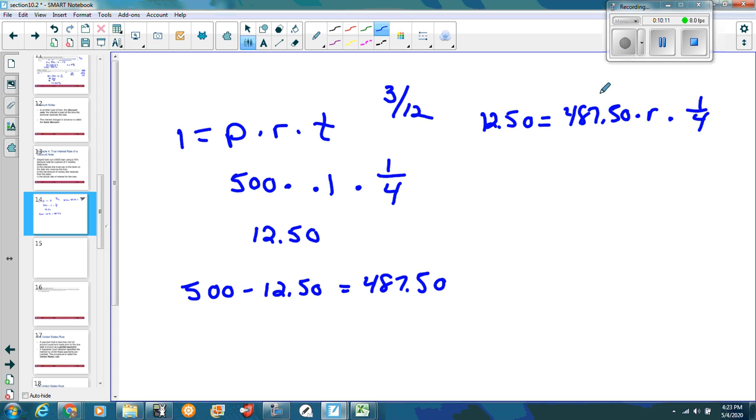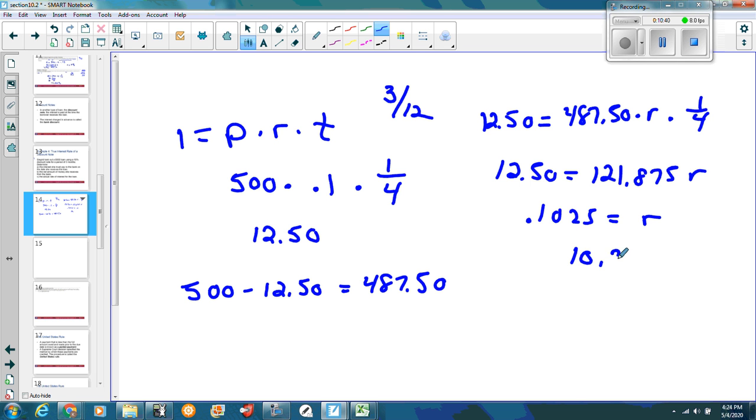So because she only got $487.50, what actual was the rate that she paid? So this comes out to be 12.50 equals 121.875 R. I put an R there this time just so you can see it better. This comes out to be 0.1025 equals R if you divide each side by the 121.875. So again, you'd multiply by 100. So really it came out to be 10.3 as opposed to the 10 when you're paying the interest up front.